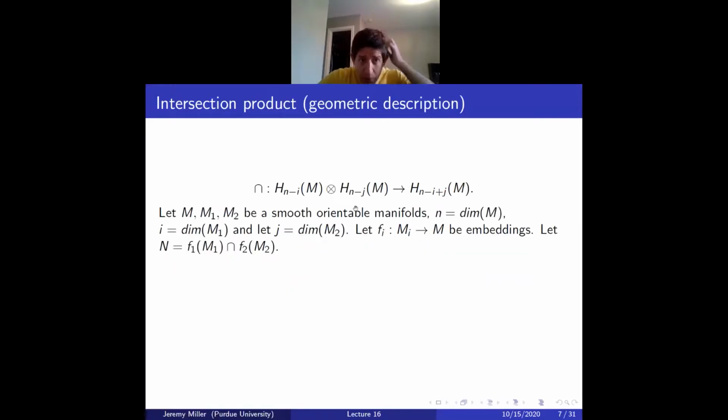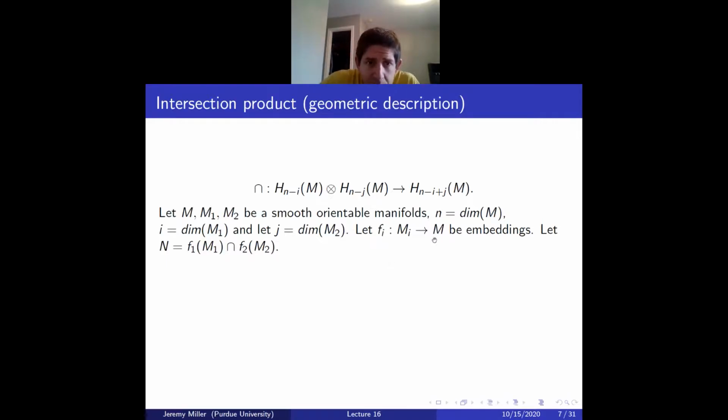Let's say we have this manifold M, and we have M1 and M2, and F_i from M_i into M are embeddings. If you want, you can just think of M1 and M2 as submanifolds, or as abstract manifolds with a choice of embedding.